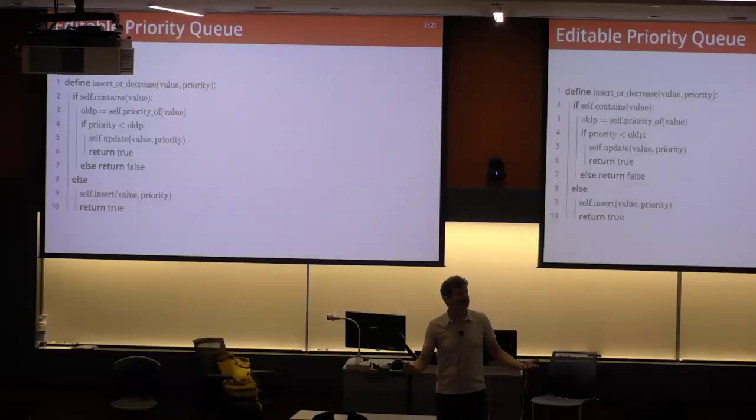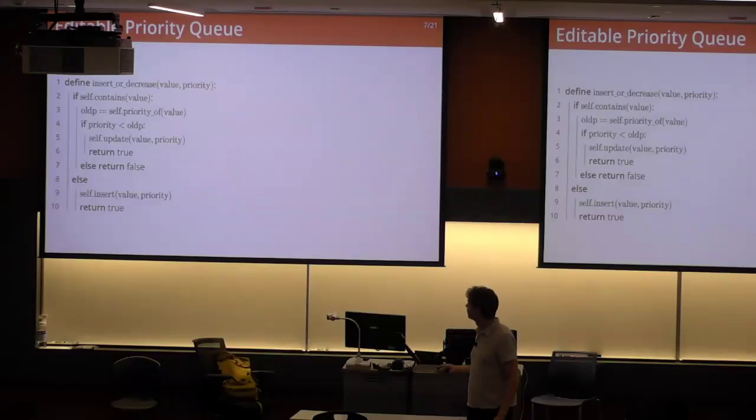Here's the priority queue that we're going to use. We're always going to be able to say either insert or decrease. So here's the value going in, and here's the priority. There's a couple of different possibilities. The first one is this value is already in your priority queue, in which case you're going to check to see what is the current priority of it in your queue. And if this one is lower, that is, this one would move it closer to the front of the queue, then we're going to update it.